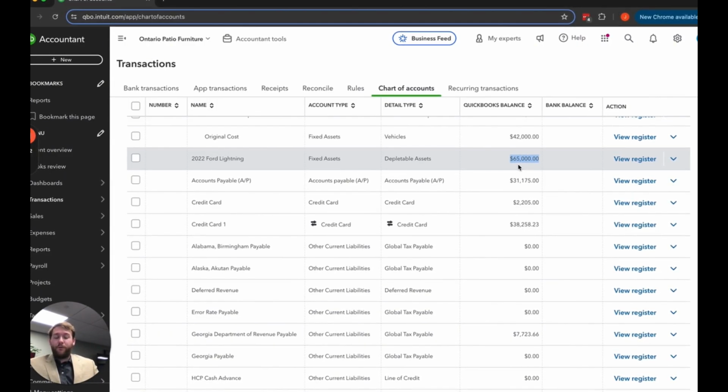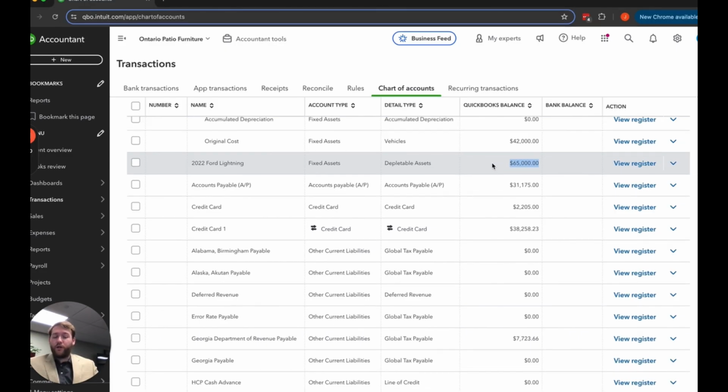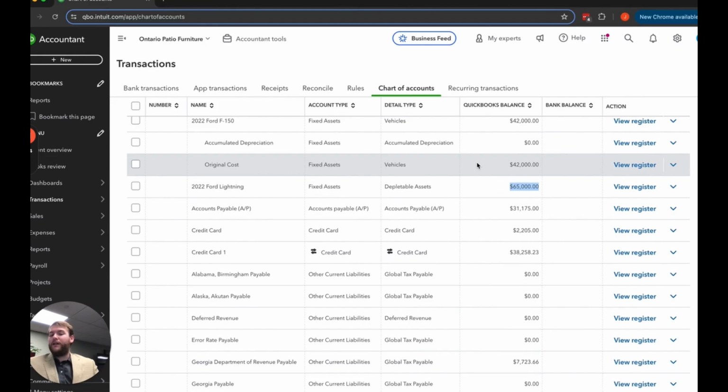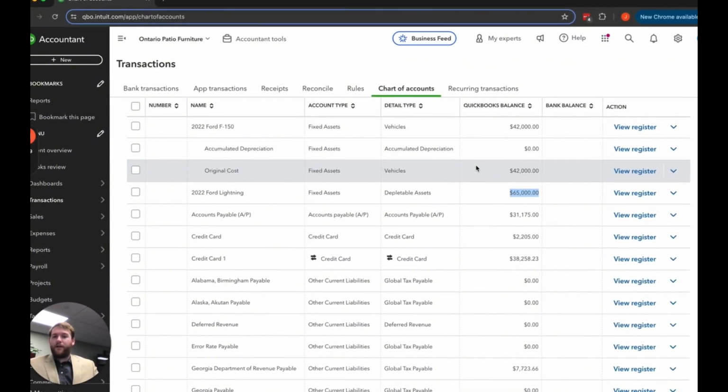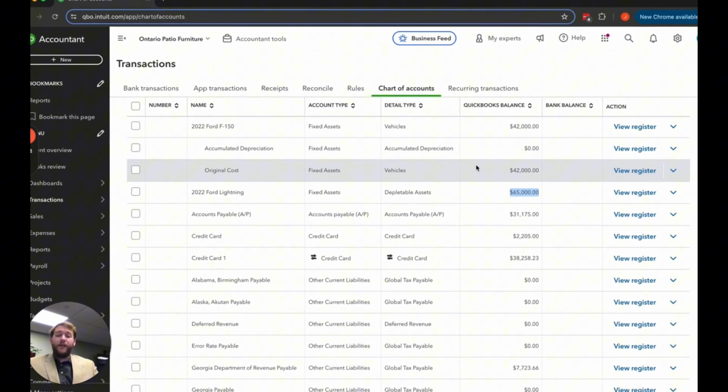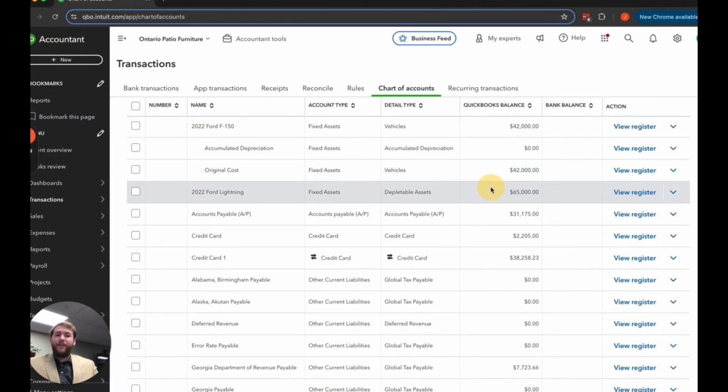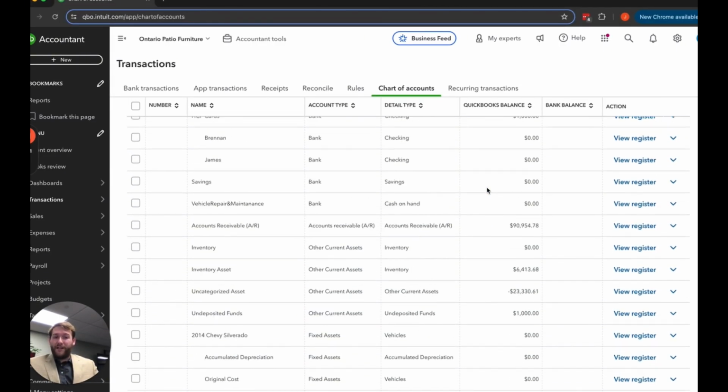So it's super important to understand that getting a loan for a vehicle isn't really increasing the cash. It's not giving you any working capital. Now, there are loans out there through many different companies, whether it be big ones that you're used to hearing about like On Deck, or smaller ones like getting something from the SBA or some private lending, that can give you working capital.